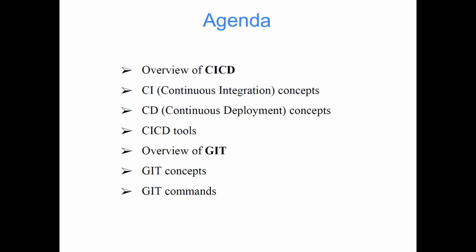As the name indicates, continuous integration means your new code change should be integrated with your existing code and it should not create any issue. And continuous deployment means whatever new change you are making should be deployed immediately and automatically without any manual intervention, so that every small change you can deploy easily. How to achieve both things we'll be exploring in much more detail.